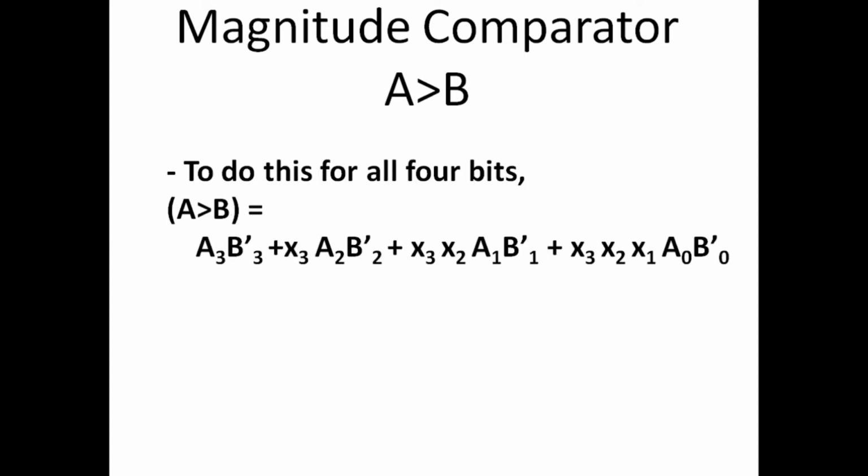If the bits at significant position 2 are equal, then we have to move to the next pair of bits on the right, and to continue with that, we would come up with a Boolean equation like this. So A is greater than B when either A3 is 1, B3 is 0.